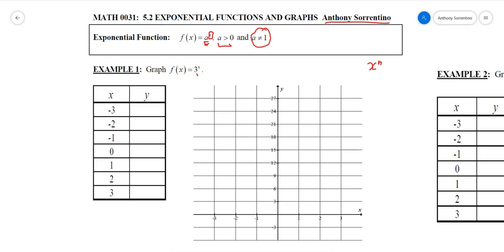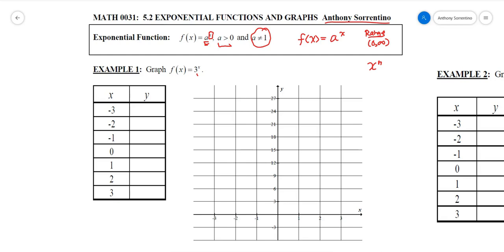That means that if f of x equals a to the x power, we know that its range, from the standpoint of a basic function like this, is going to go from 0, not including 0, to infinity. It's going to be a positive number. I cannot raise a positive base to an exponent and get a negative result, or even get a 0 result.